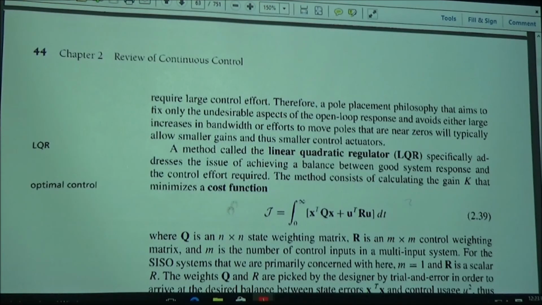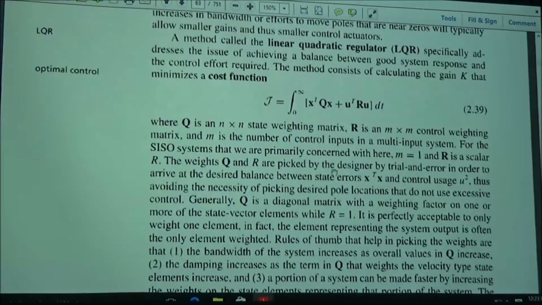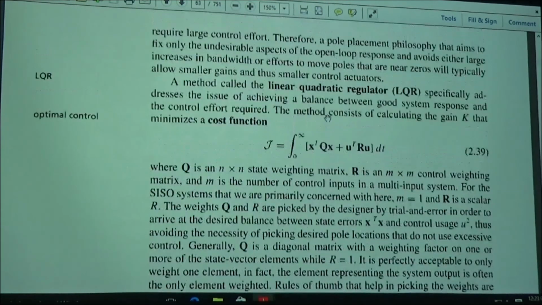This is the optimal control, which again we may or may not get to at the end of the semester. We will use a criterion, a cost function to be minimized, at the same time that you obtain the unknown gain matrix K for the controller. You also optimize something.